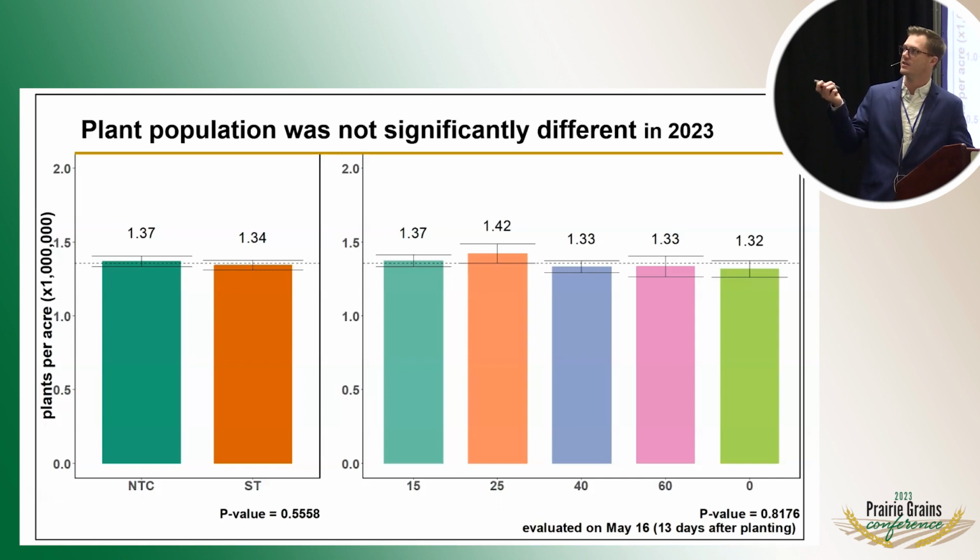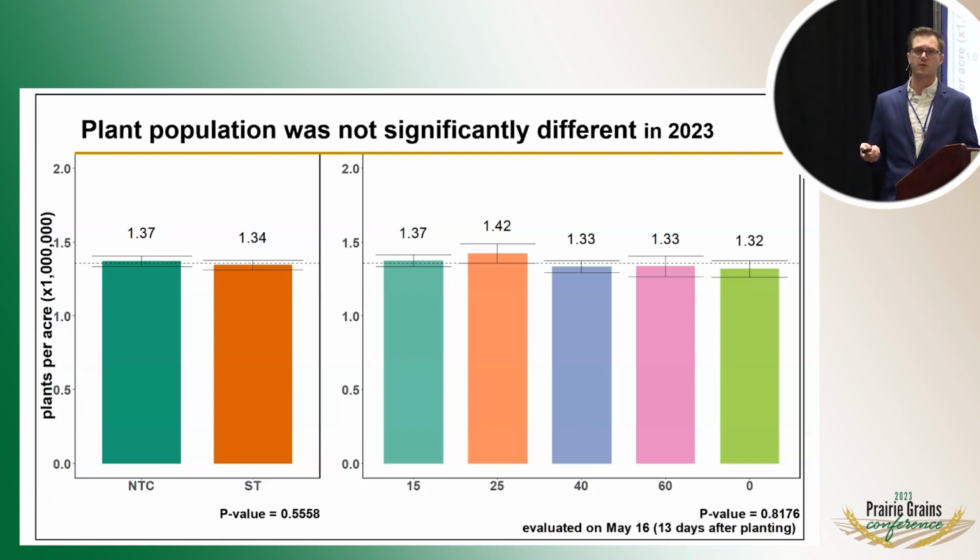You can see a very, very slight difference between the seed treatment and the non-treated control. Once again, it was a little drier this year, but that difference is really not big. And looking at all of our drain spacing treatments, we see some very slight differences, but all in all, very similar stands throughout all of the treatments that we had.